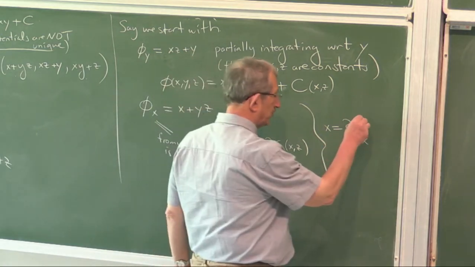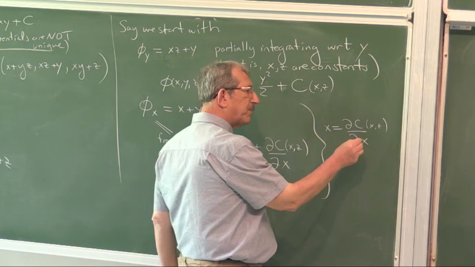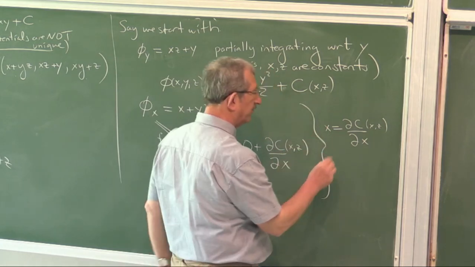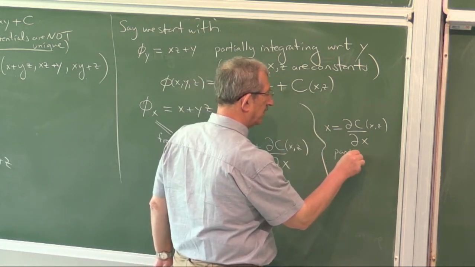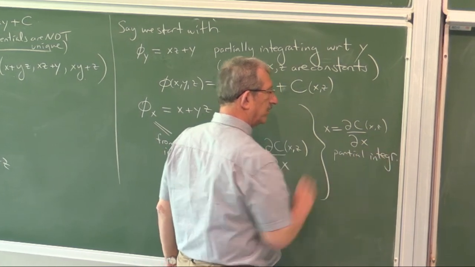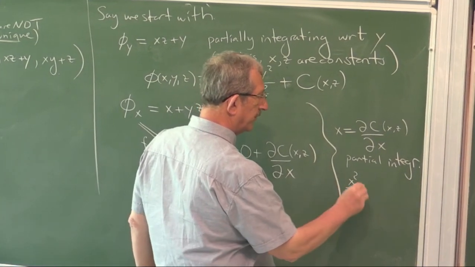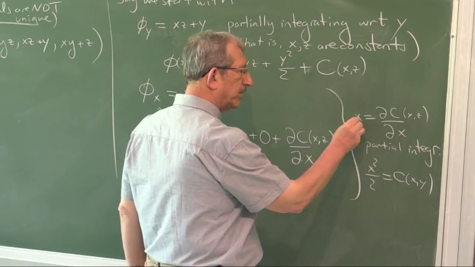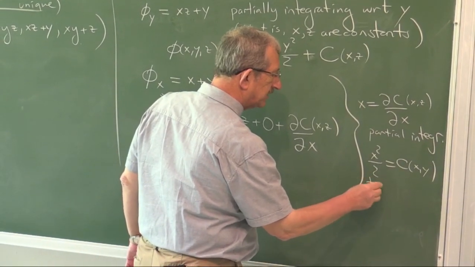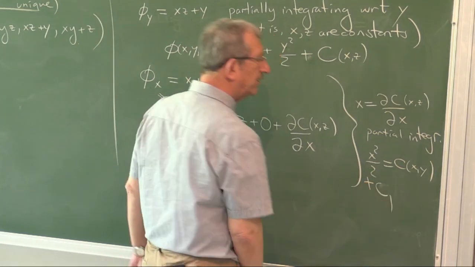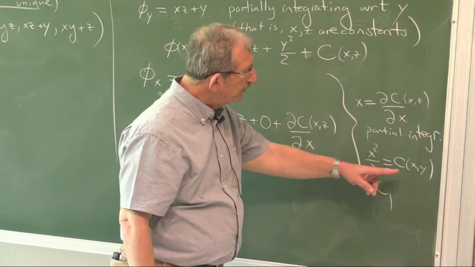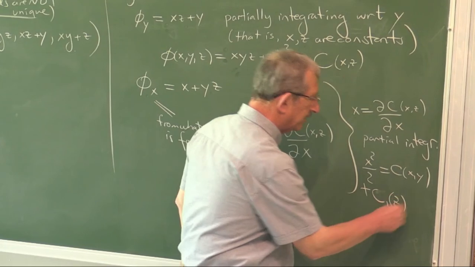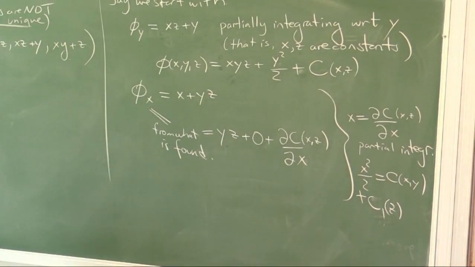Well, c is a function of x and z, and if its partial derivative with respect to x is x, then integrating, that's partial integrating, okay, we have x squared over 2 is c(x,z), but of course, because we integrated, we have here plus some other c, well, let me say c1, and c1 certainly, because we had a z in here, it can depend on z still.